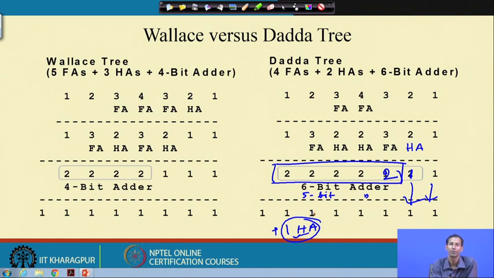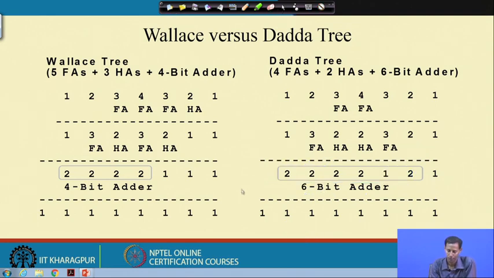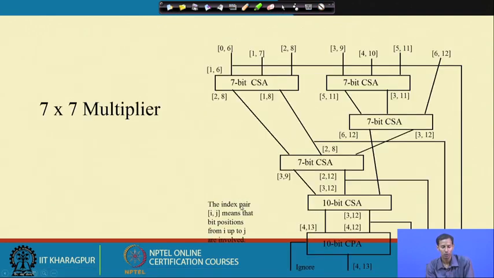So, this is the basic difference between the Wallace tree method and the Dadda tree method. Okay. So this is the corresponding block diagram level representation, or implementation technique, of the 7x7 multiplier using this tree reduction method, whether it is the Wallace tree or the Dadda tree method.